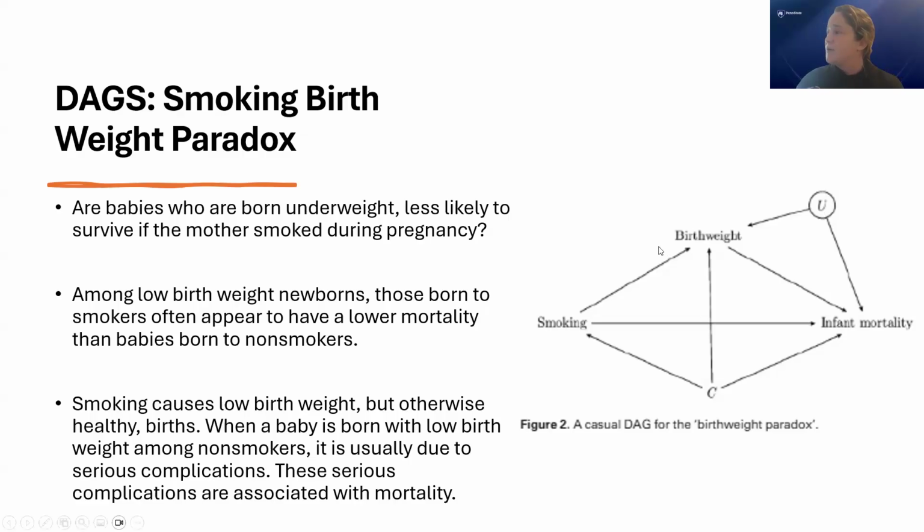But when you are selecting on low birth weight here, and you're trying to see if it impacts infant mortality, you're opening up, in this DAG, a directed acyclic graph, a backdoor path to infant mortality, and it can change the true association by doing so.